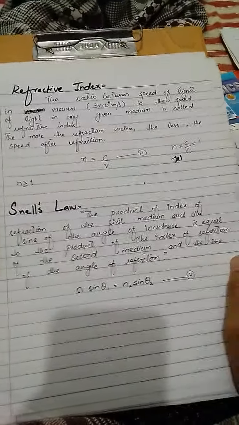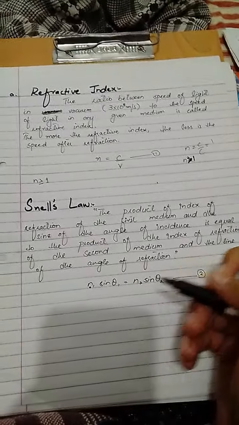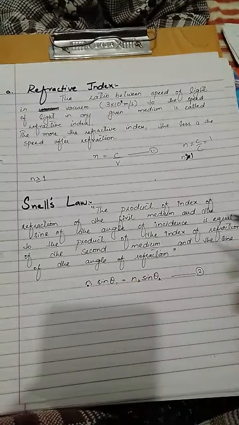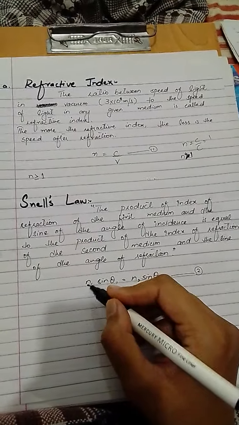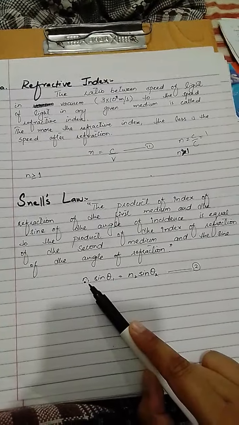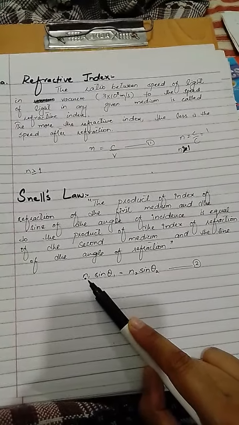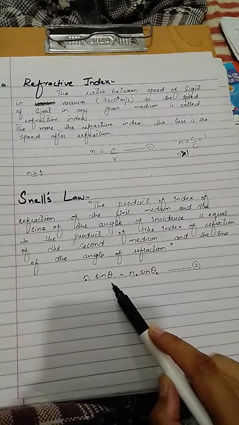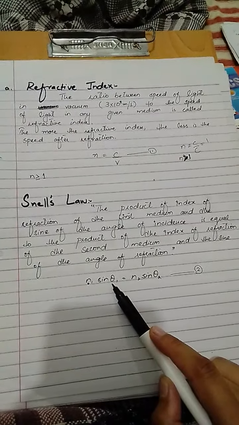What does it mean? We will have to know what exactly it says about the refraction of light and how it governs the refraction of light. In this case, if the refractive index increases, the sine theta I, or sine theta 1, will decrease.